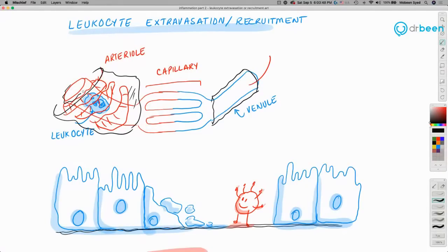Basement membrane is right here outside the endothelium. The point is that the arteriolar end is very thick. Blood vessel wall is thick. So coming out of this kind of a thick wall is difficult. Coming out of the venular wall is easy, but still we have to break this basement membrane as well to come out. So today we would discuss how a leukocyte enters.